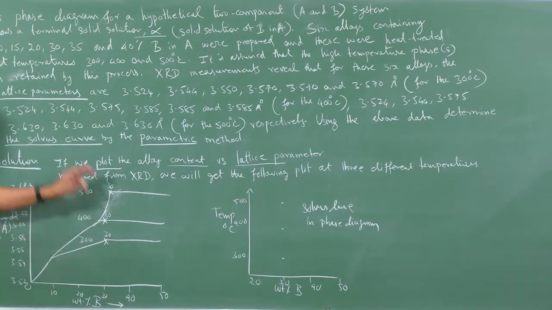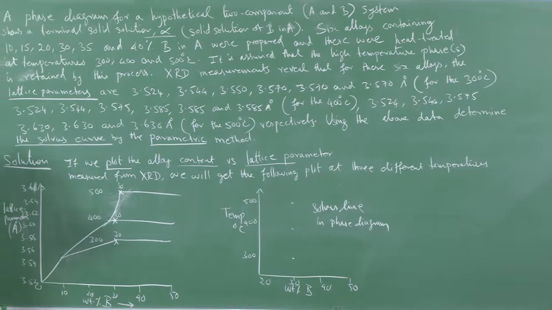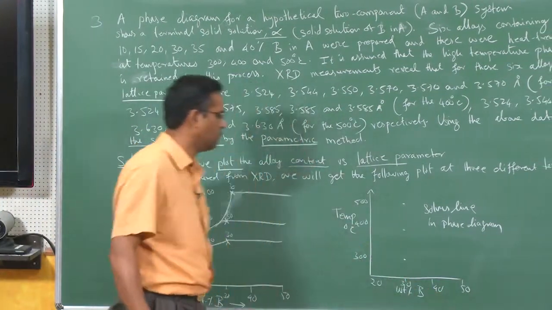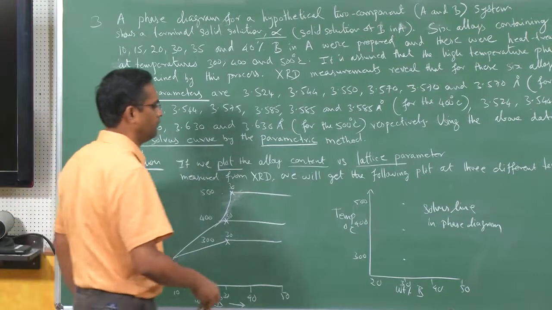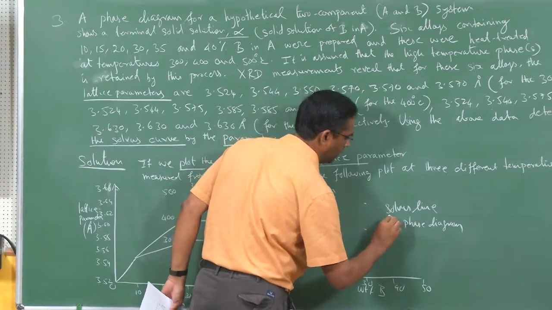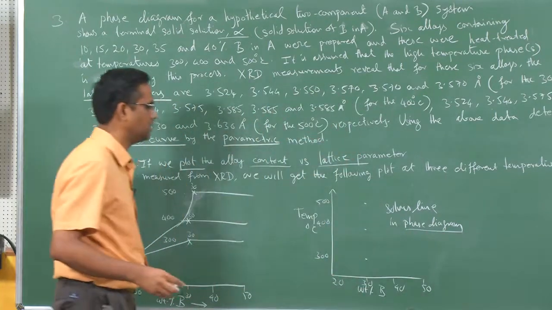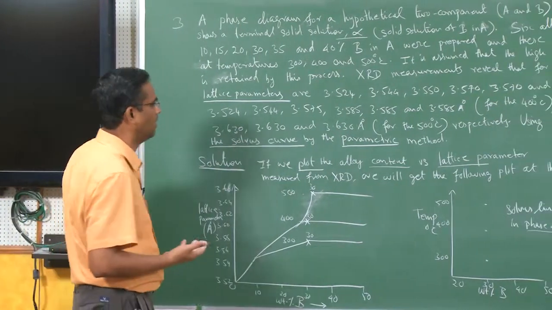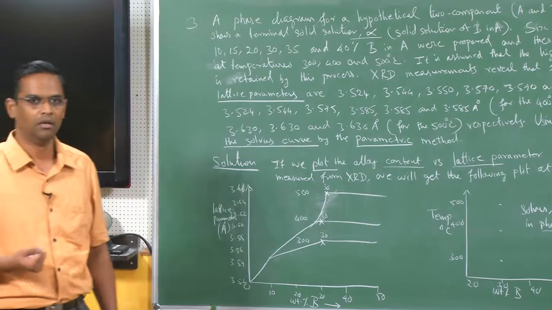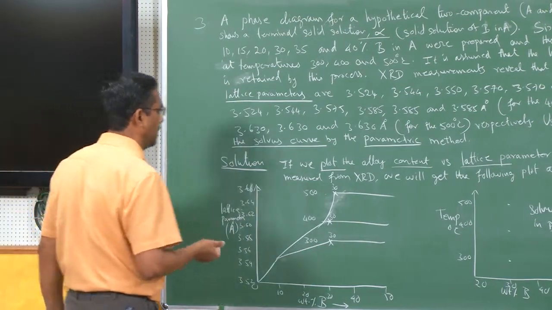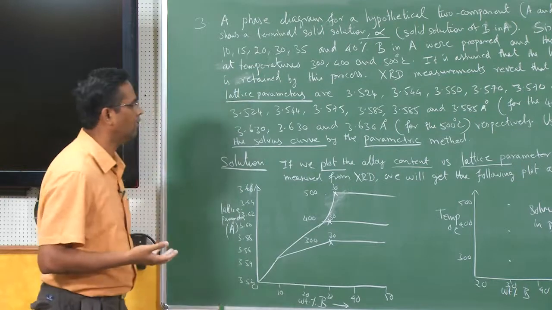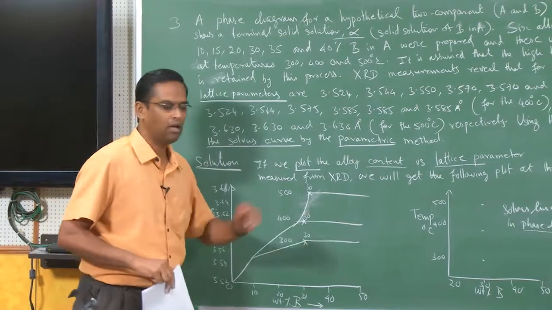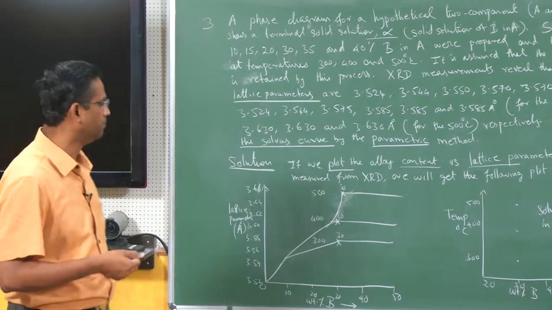If you look at the intersection where the lattice parameter begins to remain constant, and then plot temperature versus percentage of composition, you will get the solvus line of the alloy in the phase diagram. So you can readily appreciate how X-ray measurements of the lattice parameters are useful to find the solvus line of the alloy.